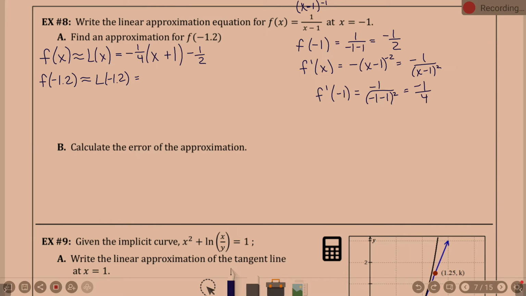So if we actually get to A now, which says find an approximation for -1.2, you know what to do, right? Plug it in. Should I go to decimals? It's whatever. -0.25 times -1.2 plus 1, minus 0.5. That's -0.25 times -0.2.